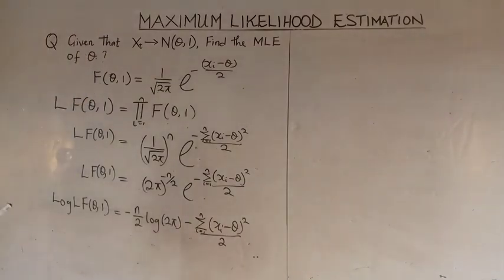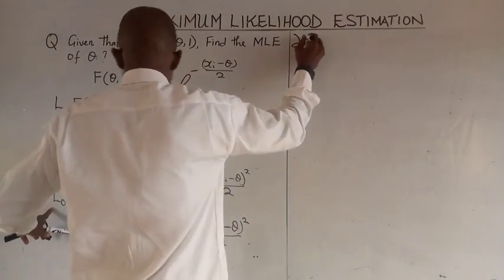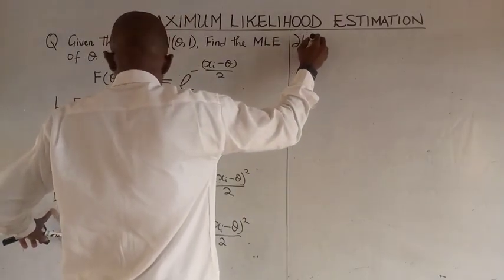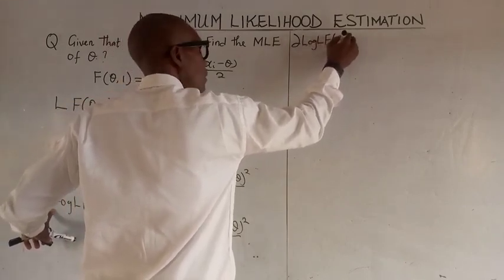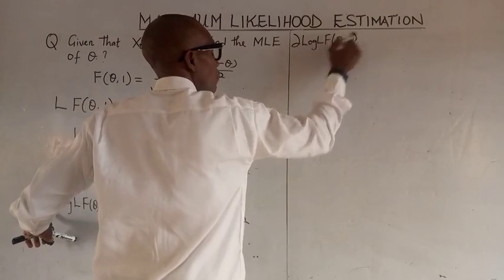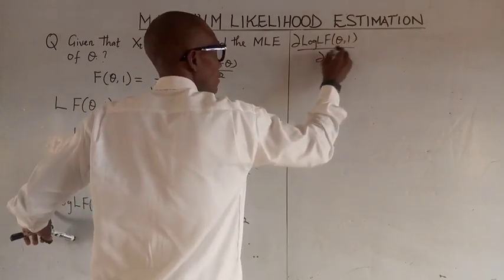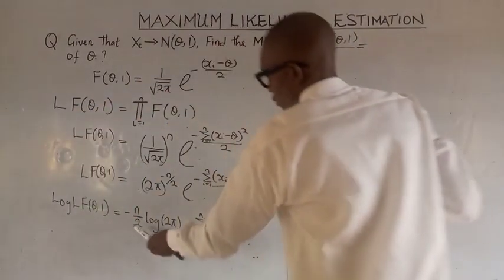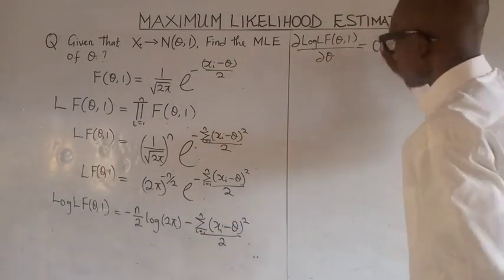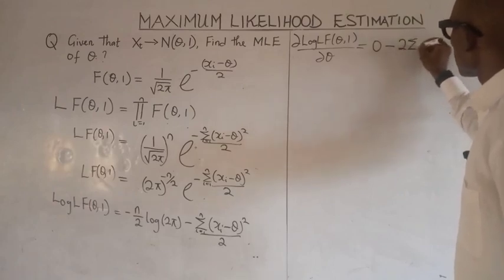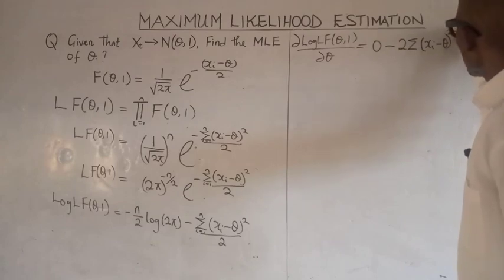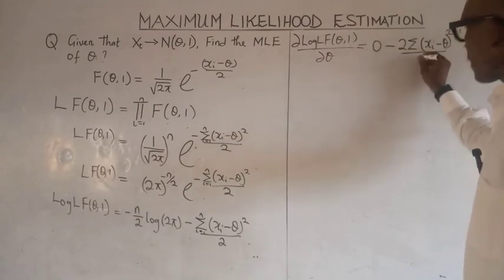The next thing is to take the differential of this. So if we differentiate with respect to theta, the first term gives 0. If we differentiate this, we get minus 2 summation of (xi minus theta) to the power 2 minus 1, all over the same 2.